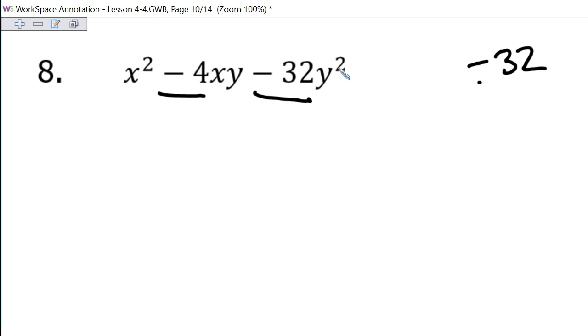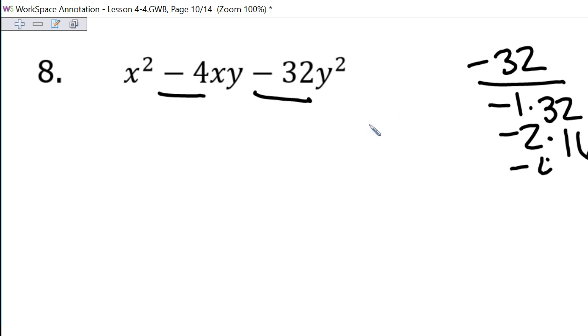One of them has to be negative, so start with a negative 1. I could have negative 1 times 32, negative 2 times 16, negative 4 times 8, and then negative 8 times 4, negative 16 times 2, and negative 32 times 1.